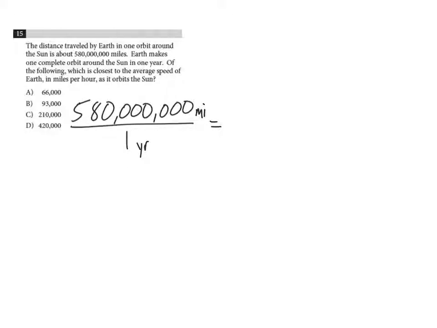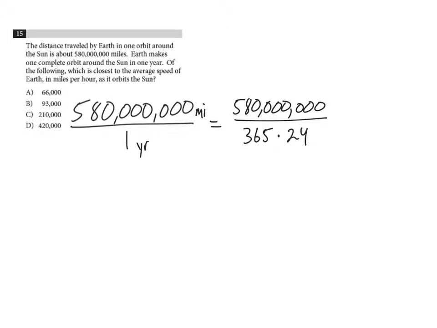Well, how many days in a year? There are 365 days in a year, so we can start there. And then of those 365 days, there are 24 hours in each day. So this will turn into 1 times 365 times 24. That'll give us the number of hours that it's traveling.